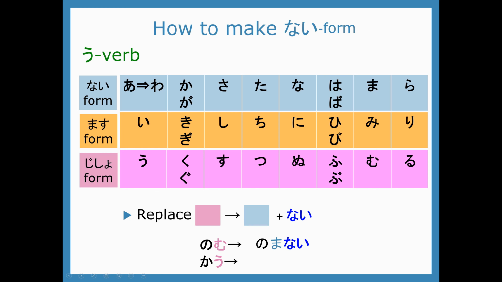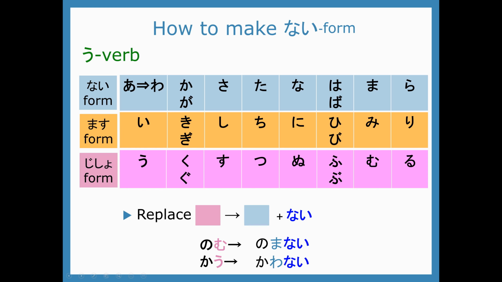Unfortunately, we do have a special one that we have to keep an eye out for. When it's just hiragana u and there's no consonant, instead of changing the hiragana u to just a hiragana a, we actually change it to wa. So kau, we actually want to change to kawanai.